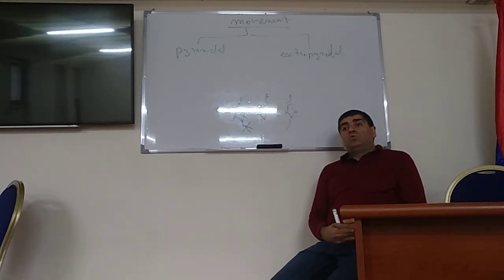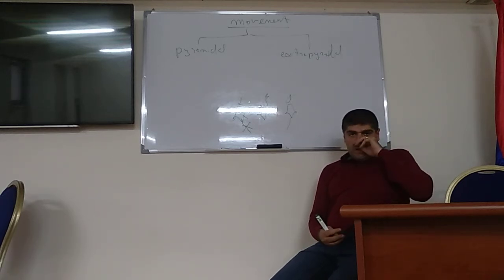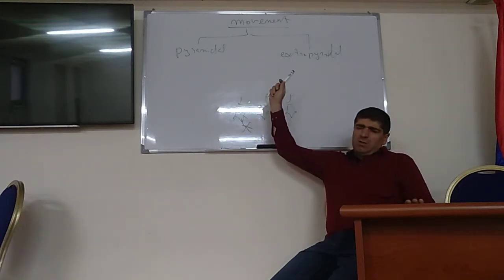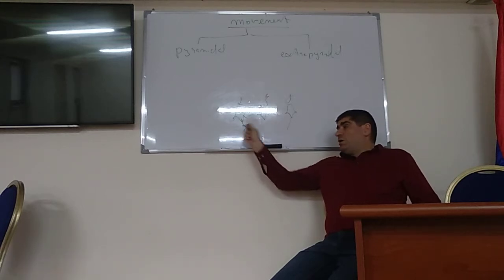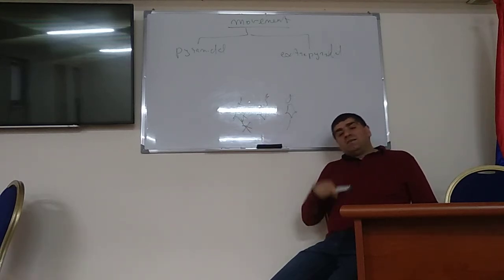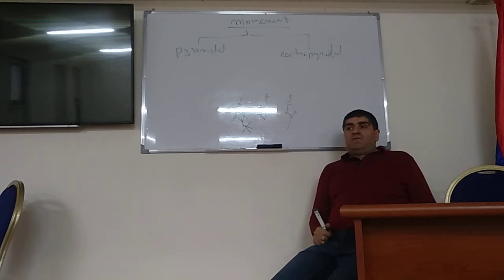So when you want to do some movement, the pyramidal neuron is irritated, it transmits to the alpha motor neuron on the opposite side, and these muscles contract.